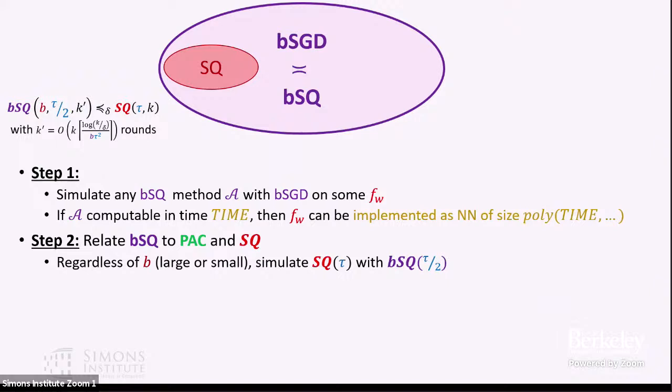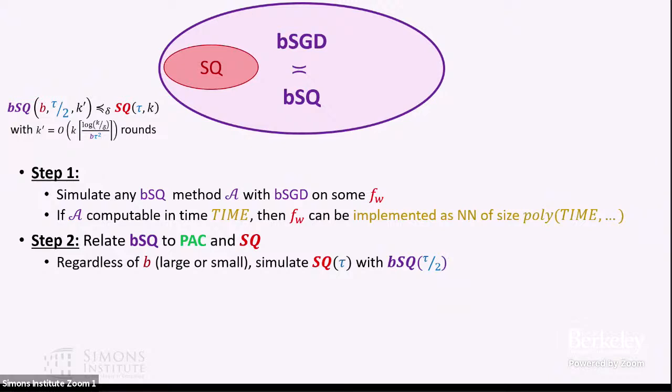I can answer any statistical query on the population by averaging minibatch statistical queries. So I can simulate SQ with minibatch SQ. This already tells us that minibatch SGD with any minibatch size, no full batch or huge batch, can at the very least simulate SQ. So that's already a useful result.